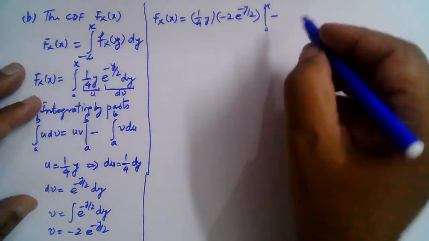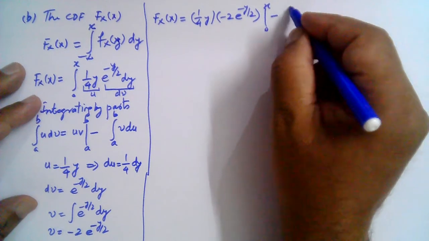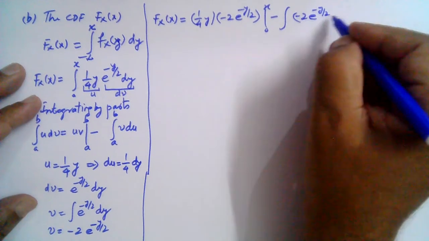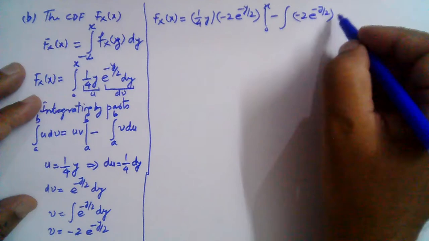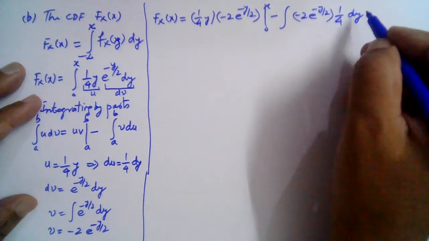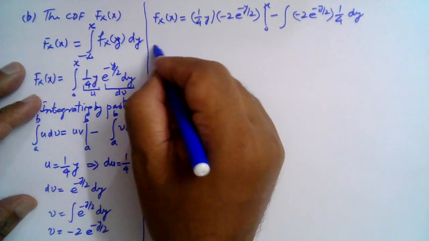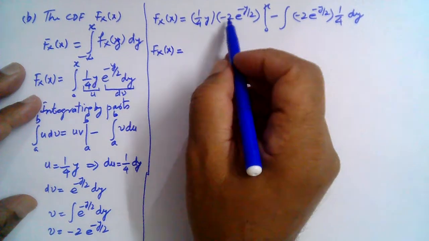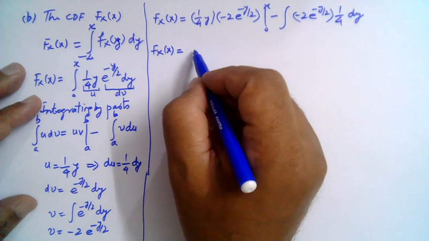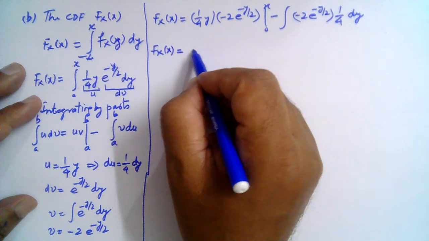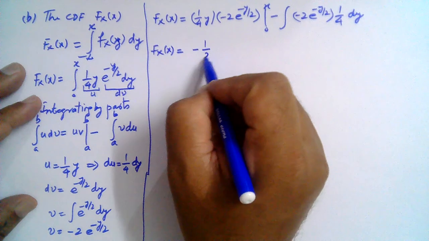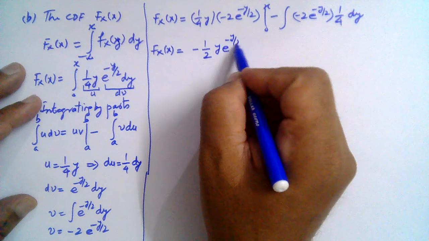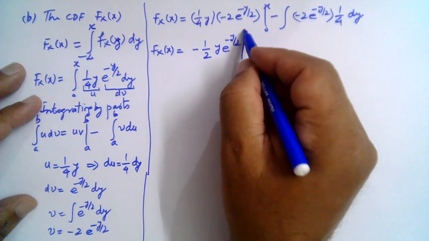So v is minus 2 e to the power minus y over 2, and du is 1 over 4 dy, right? So F_X(x) is equal to, this will be minus 2 over 4, which gives us minus 1 over 2 y e to the power minus y over 2, and the limit is from 0 to x.